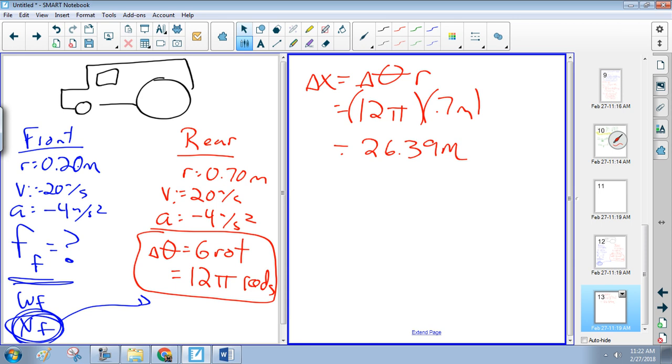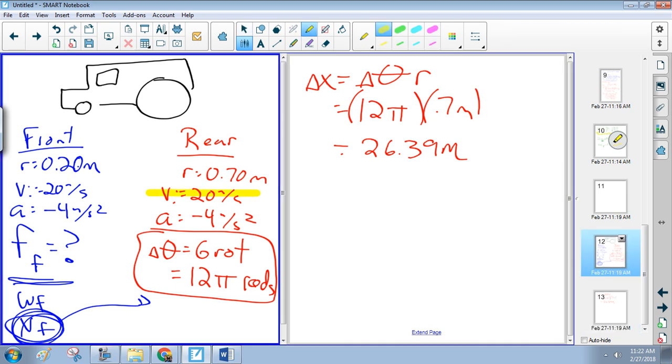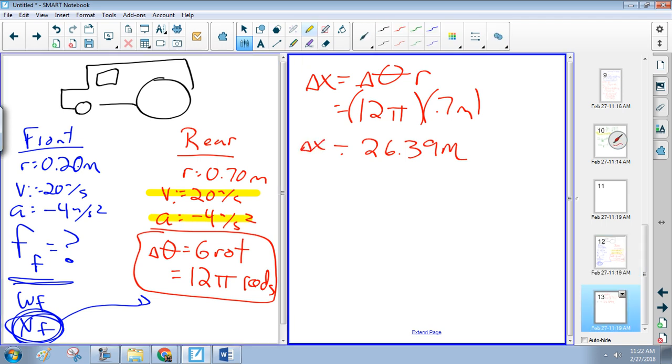All right, so now I believe that I ought to be able to use my VI, my A, and my delta X to find my VF, right? Because I can use this guy, 2A delta X equals VF squared minus VI squared to solve for VF.